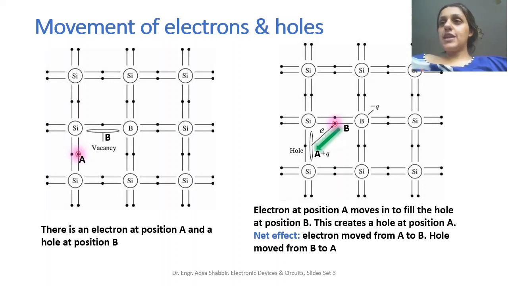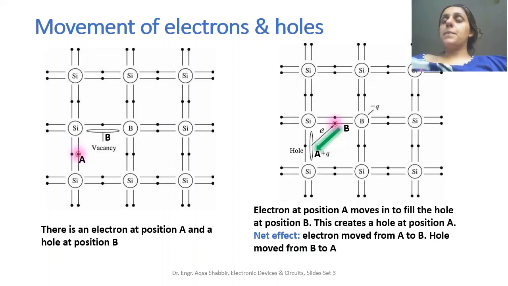So what is the net effect? The net effect is that while the electron has moved from position A to B, the hole has moved from position B to A. So it's very important to note over here the movement of the hole.